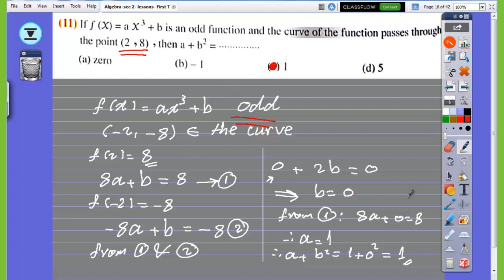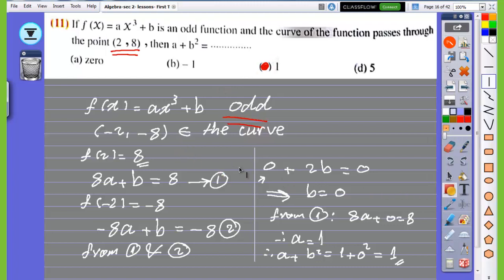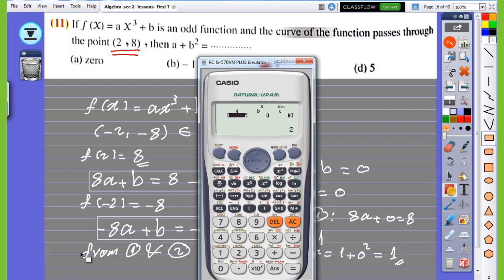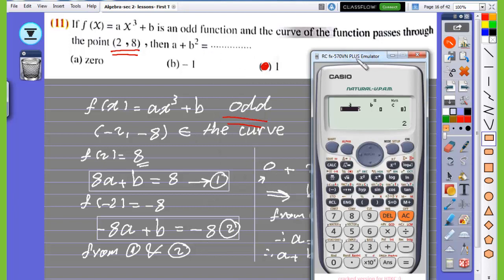Of course, you can solve these two equations, equation 1 and 2, using a calculator, as follows. Here we have the calculator, and we have first mode.